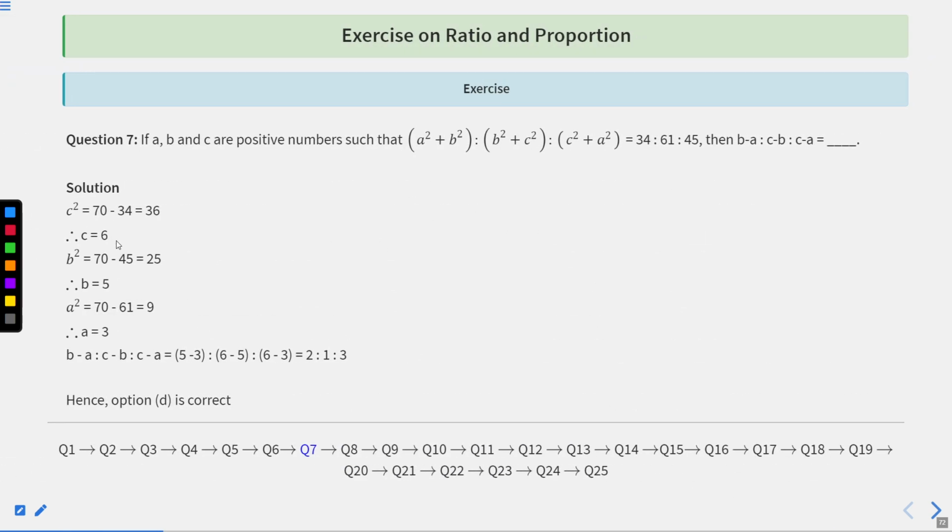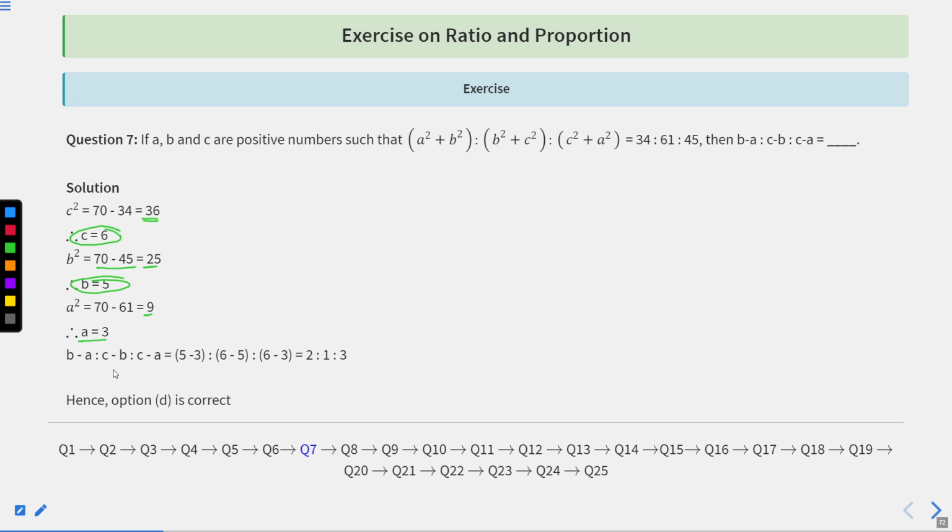So C square will be 70 minus 34, that is 36. That means C is equal to 6. B square is going to be 70 minus 45, that is equal to 25. Therefore, B is going to be 5. A square is going to be 9. That means A equal to 3.